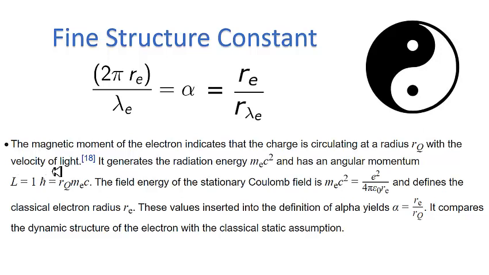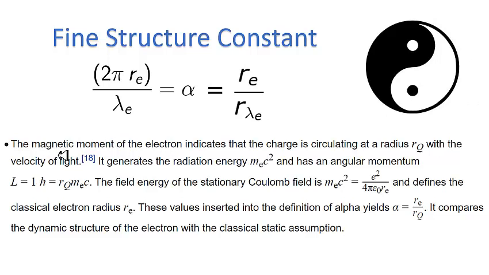So this really got me thinking, because this reminded me a lot of the tangential velocity that I talked about in the previous video. In my own particle model, the tangential velocity of the system is the speed of light.